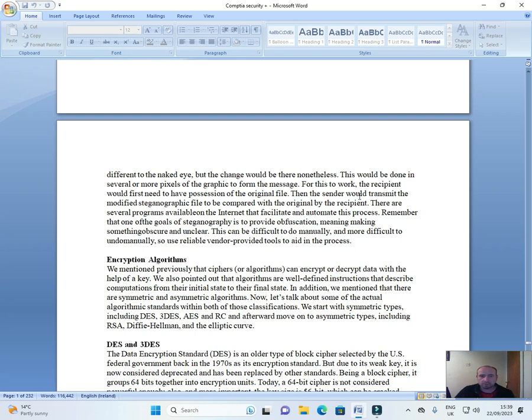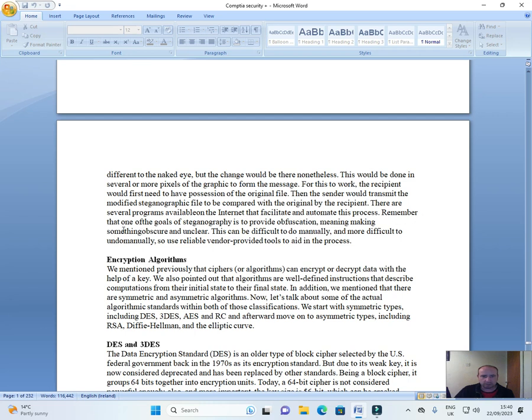For this to work, the recipient would first need to have possession of the original file. Then the sender would transmit the modified steganographic file to be compared with the original by the recipient. There are several programs available on the internet that facilitate and automate this process.